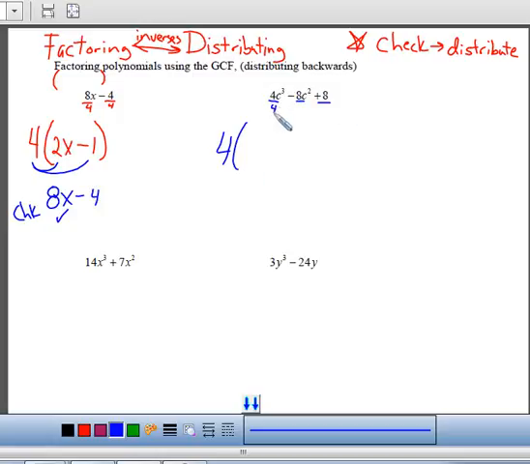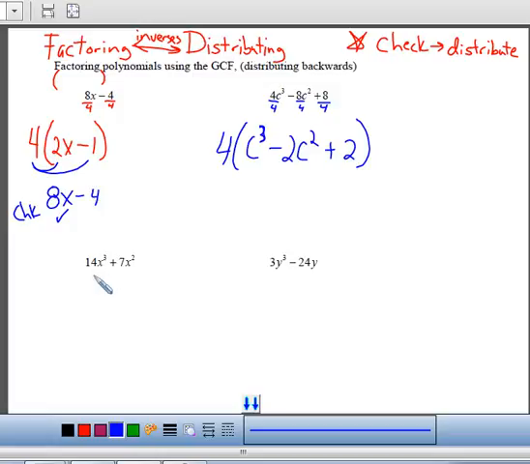So now, divide all of them by 4 and see what you have left. 4c to the third power divided by 4, the 4's cancel and you're left with c cubed, or c to the third power. Minus 8c squared divided by 4 is 2c squared, plus 2. And again, to check it, do the distributive property, see if you end up with the original polynomial.